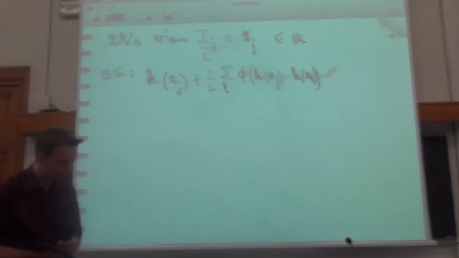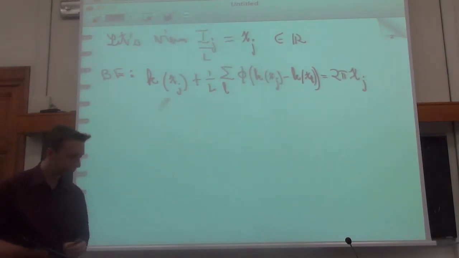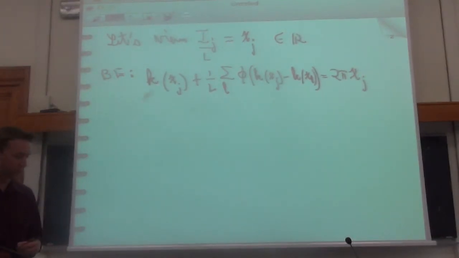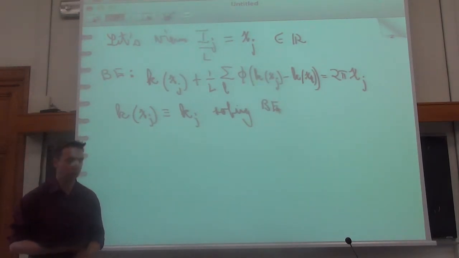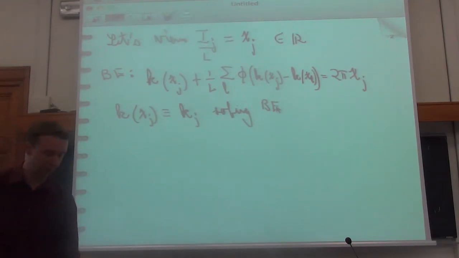So if you want, the thing that we impose is that k of xj is by definition kj, solving the original Bethe equations that we have written last time. So it's just a rewriting.